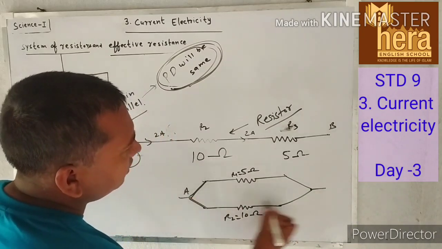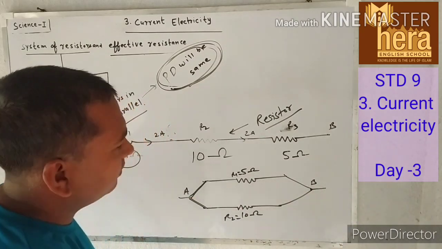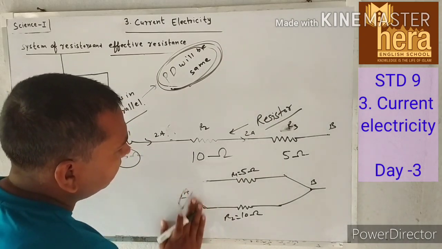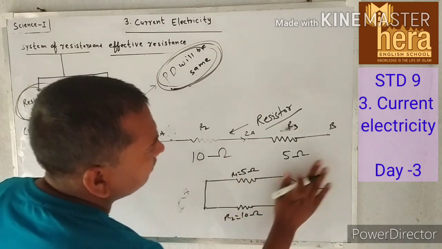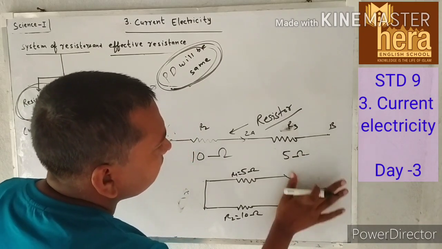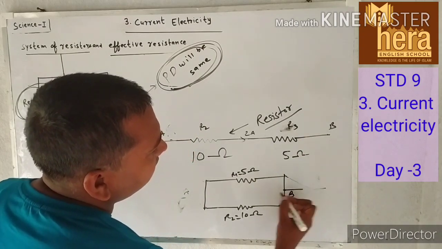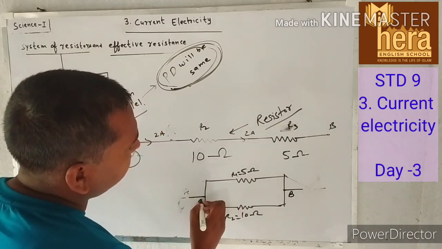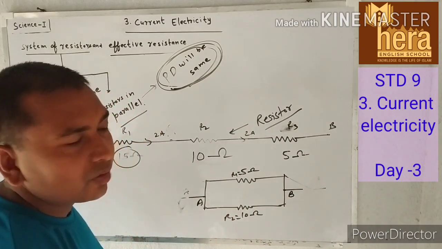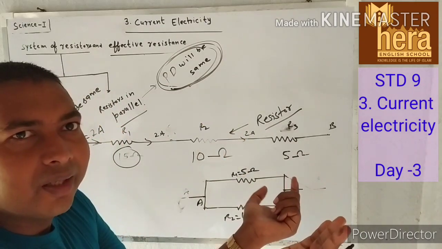So this is point A, this is point B. Or you can connect like this also. This is point B, this is point A. So the wire you can fold as you wish.